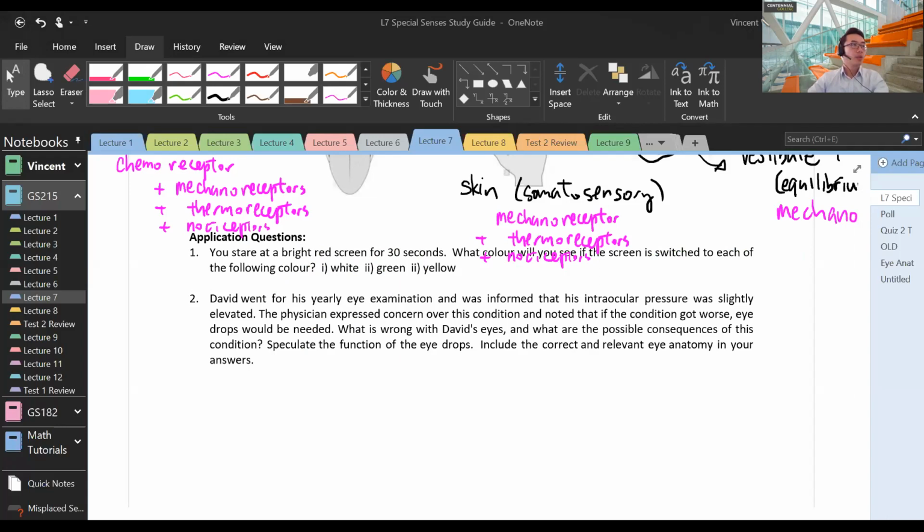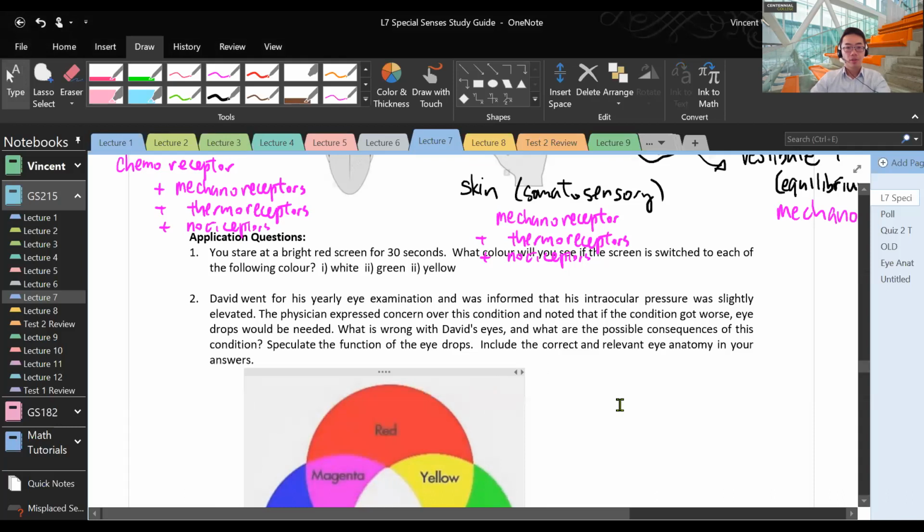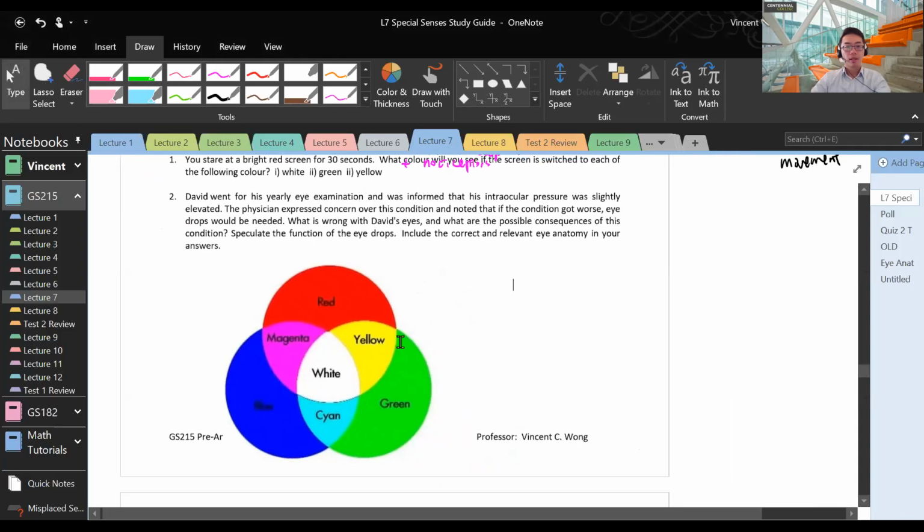What color will you see? Red? Okay, anyone else? I'm trying to find the color wheel to help you understand. There's the color wheel that we have in the lecture notes. And so if you stare at a red screen for 30 seconds, what happens when you switch to a white screen?